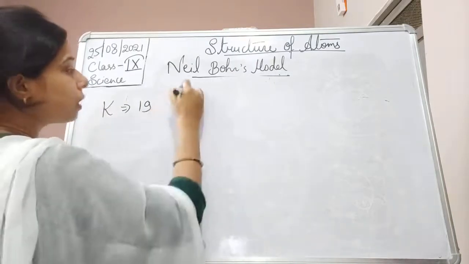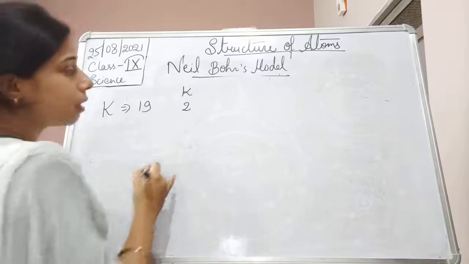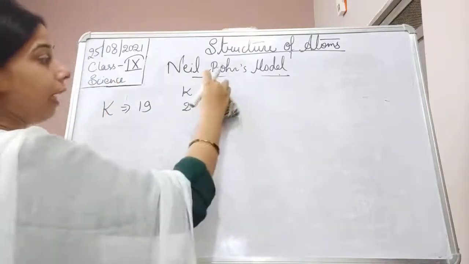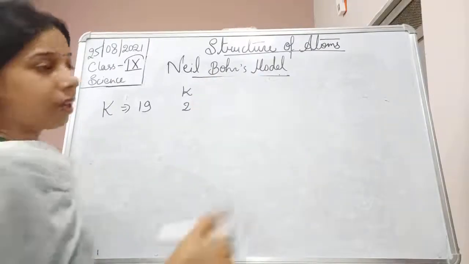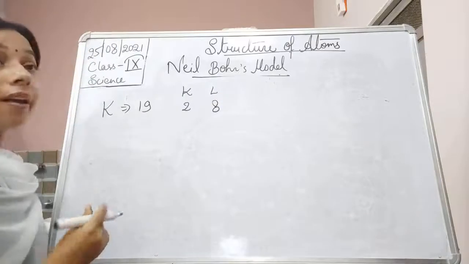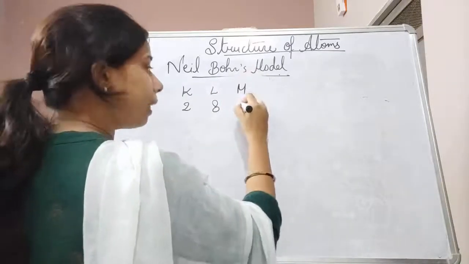So, out of 19, 2 will enter into the K shell. Now it becomes 17. Out of 17, 8 will enter into the L shell. Now, 9 electrons are left. So, M is having 8 electrons.